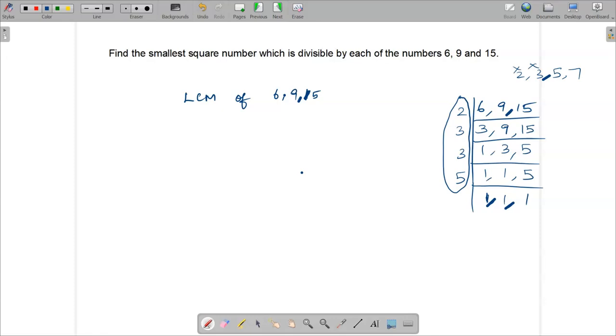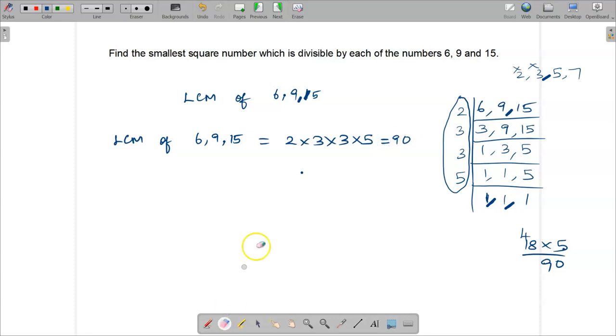So what is the LCM? LCM of 6, 9, 15 is equal to 2 into 3 into 3 into 5. So 2 3s are 6, 6 3s are 18, 18 into 5, 8 5s are 40, 5 1s are 5, 5 plus 4 is 9, which is nothing but 90.